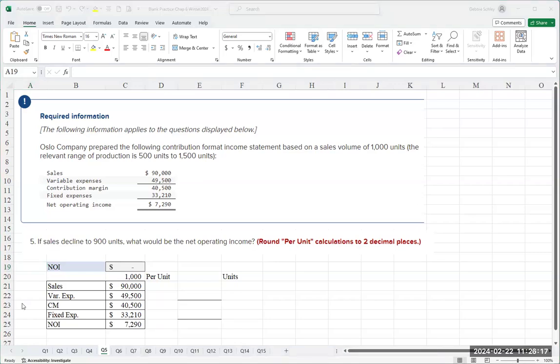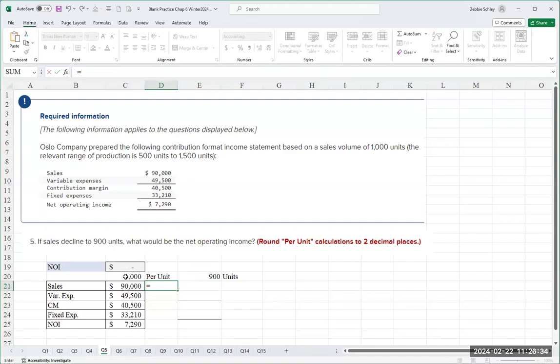Okay, question 5. If sales decline to 900 units, what would be the net operating income? So one way to go about this then is to figure out the per unit. First, I have to reference total sales divided by the number of units, and I anchor the number of units.